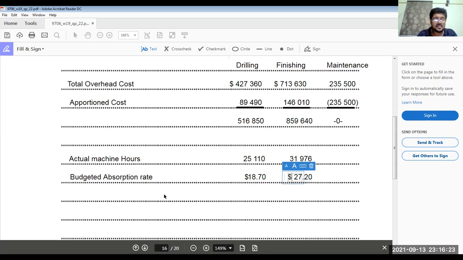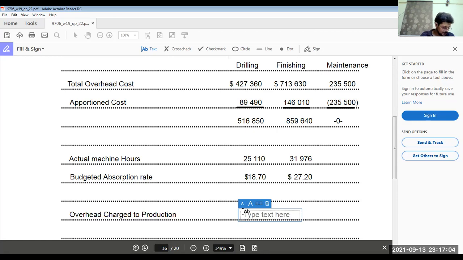Okay, now after this, we are using machine hours of 25,110 and 31,976. So according to our budgeted absorption rate, our overhead charge would be 25,110 multiplied by 18.7.